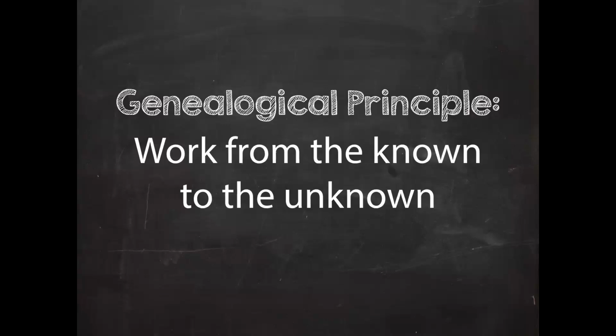The biggest genealogical principle we like to emphasize is that you want to work from the known to the unknown. This is to make sure that you are researching the correct family. It can seem very appetizing to dig into an area that is unfamiliar to try to find records, especially when you're looking at international origins.